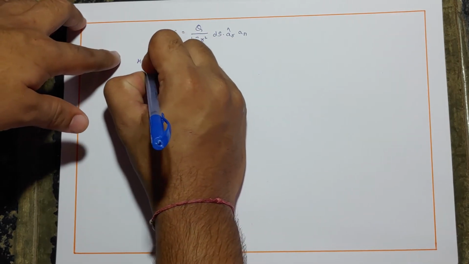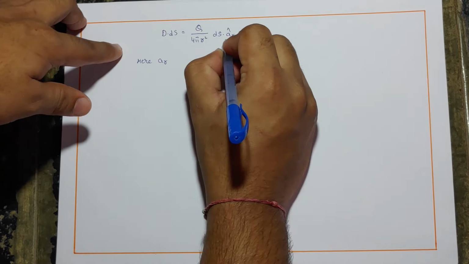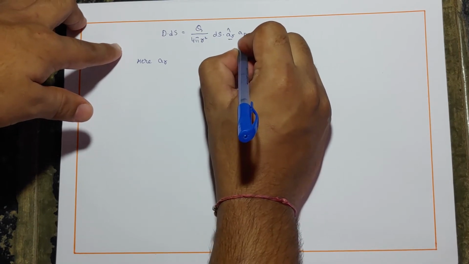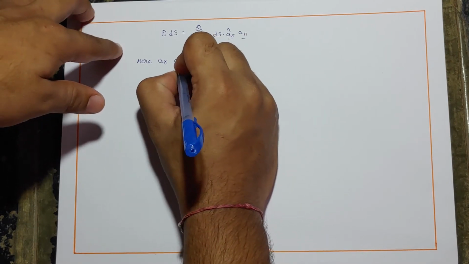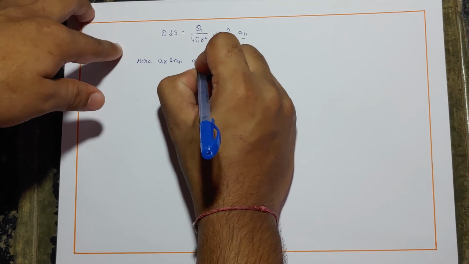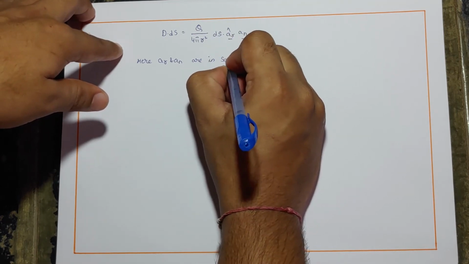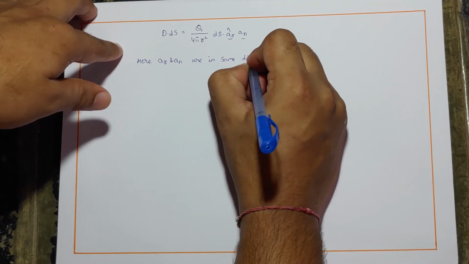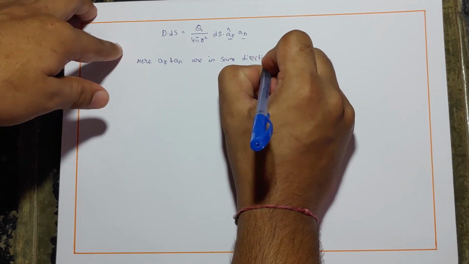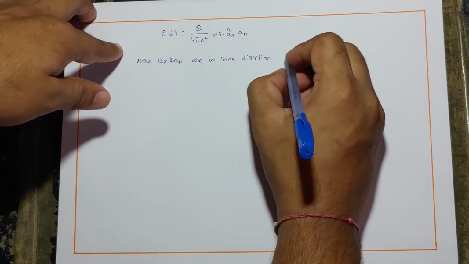Here aR and aN are in the same direction as we are considering a spherical surface.